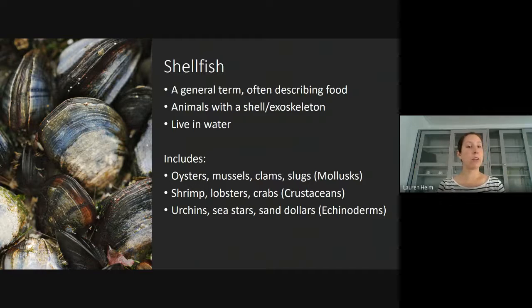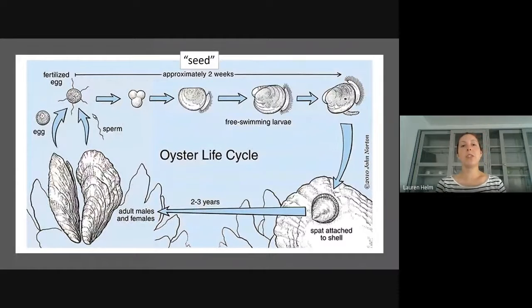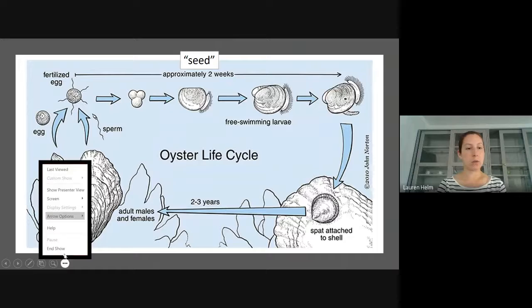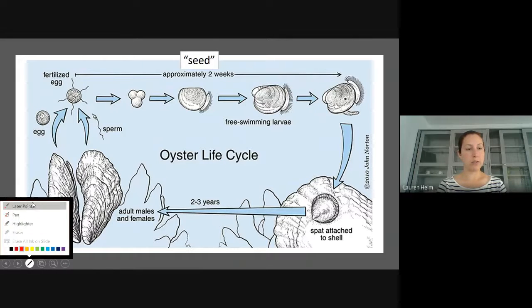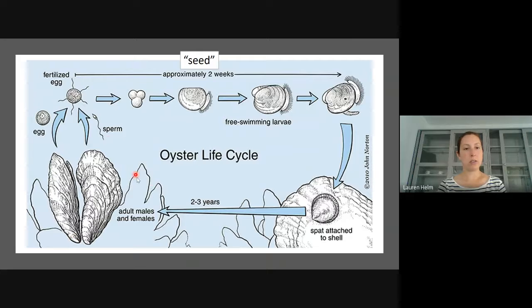I hope you're familiar with a lot of these since we're all fortunate enough to live pretty close to the ocean. All right, so the video talked about seed. What is seed? Well, if we look at the life cycle of the oyster, our oysters are going to release egg and sperm to reproduce. So here's our adult oysters.